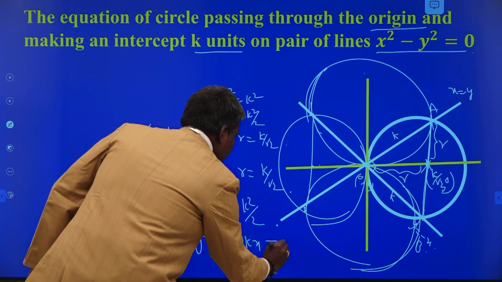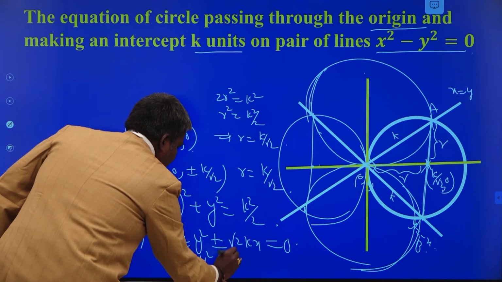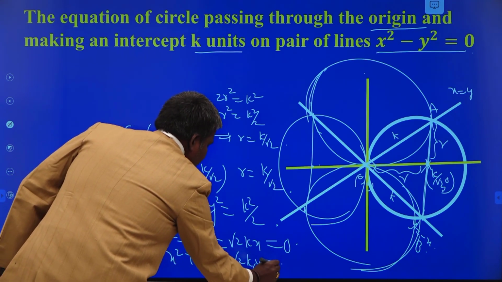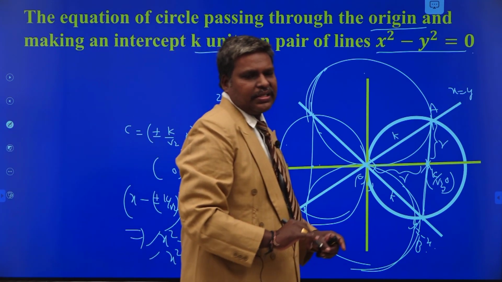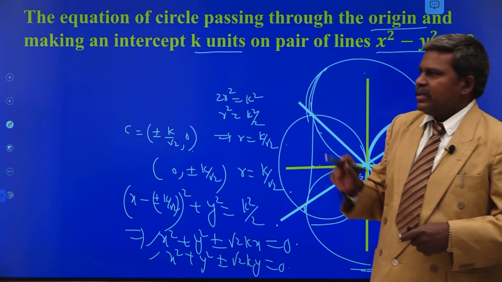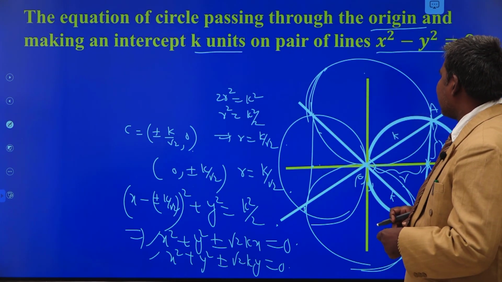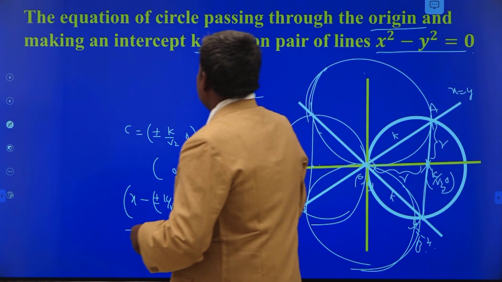In the same manner we obtain x square plus y square plus or minus k y is equal to 0. These are the 4 equations of circles passing through the origin that make equal intercepts of k units on the lines x plus y equal to 0 and x minus y equal to 0. This is the way to solve this problem.